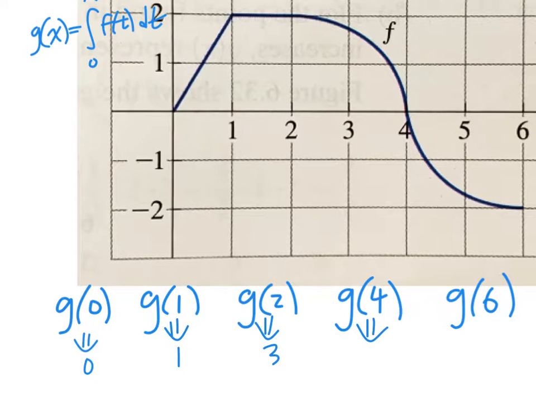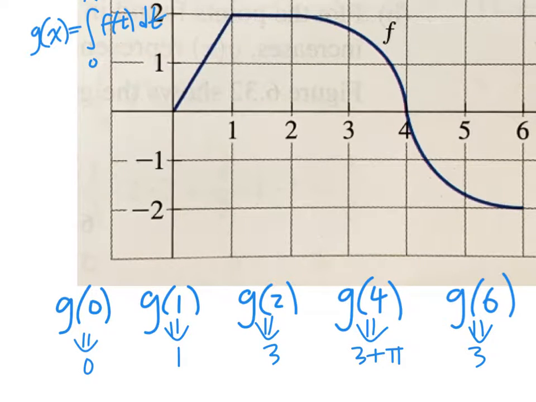Joyce, g of 4? You didn't do that one, Chris? No. Yvonne? 3 plus pi. How about g of 6? You didn't get that one, Jonathan? G of 6, just 3.